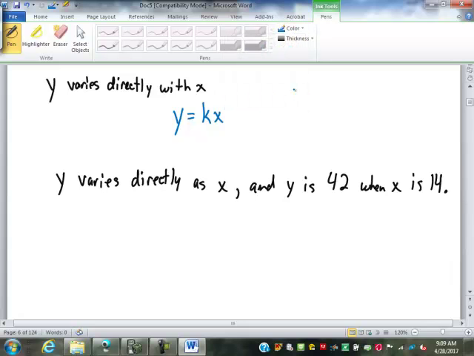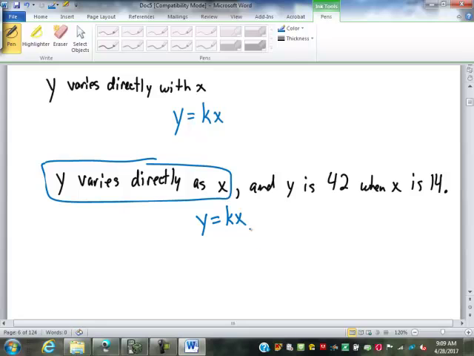Now there's two pieces of information here. First, y varies directly as x is still telling us that same thing. Y equals k times x, a constant times x. But then we also have this piece of information here. Y is 42 when x is 14.